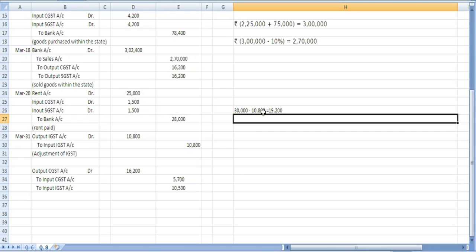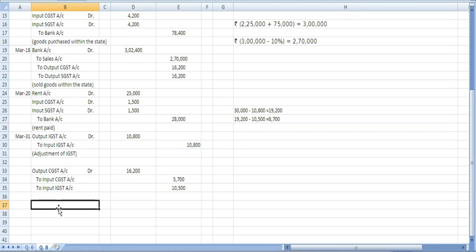This is the calculation of IGST, what I am doing right now. Then again we had 19,200, which was being adjusted with your 10,500. So remaining is there how much? 8,700. Now this 8,700 will be adjusted with SGST.